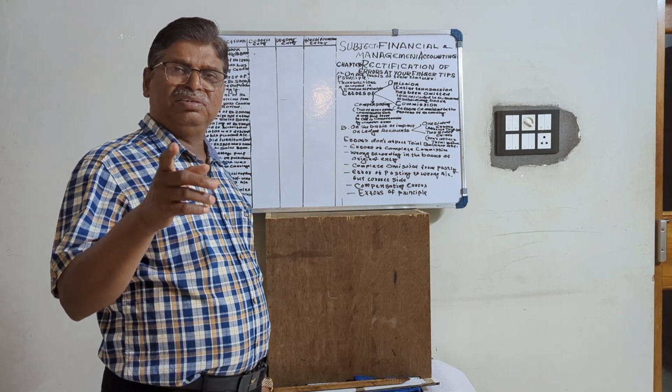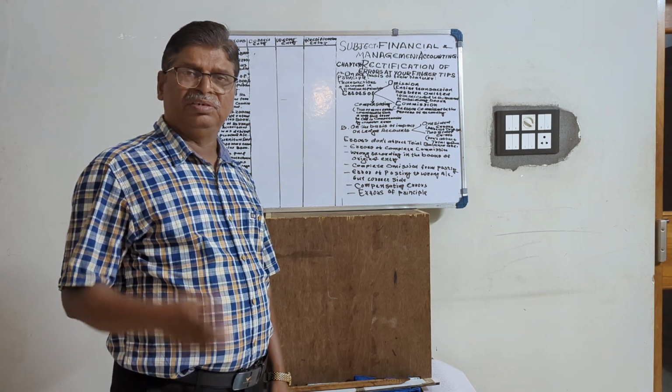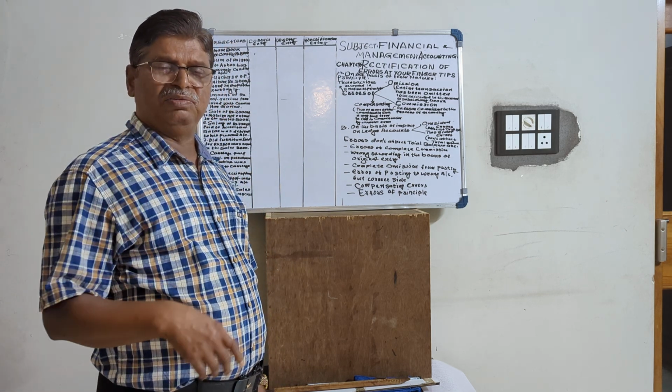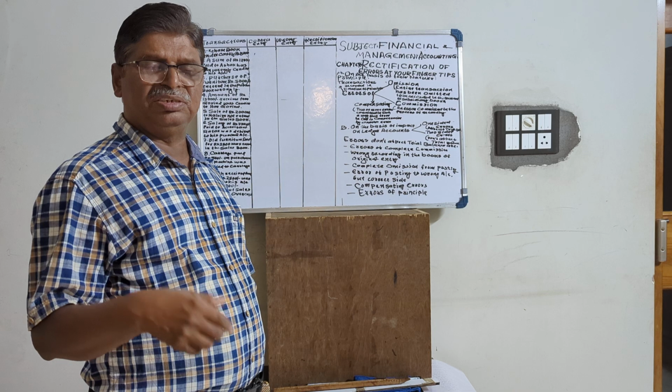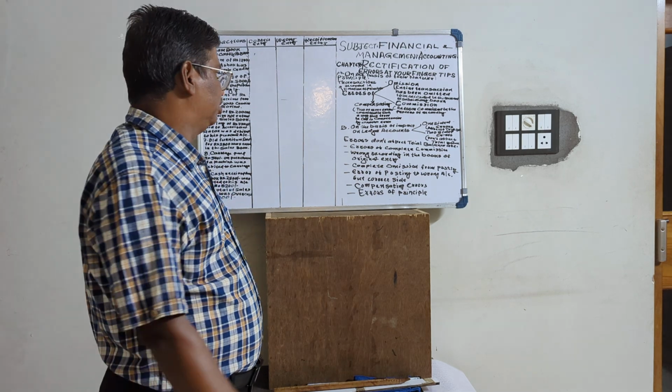For personal account, debit the receiver, credit the giver. For real account, debit what comes in, credit what goes out. For nominal account, debit all expenses, losses, and credit all gains and incomes.